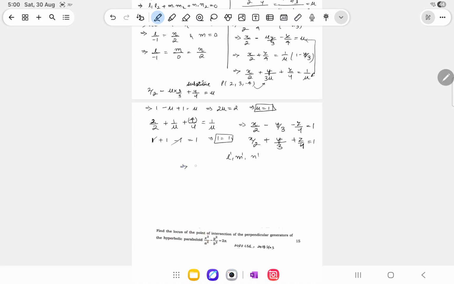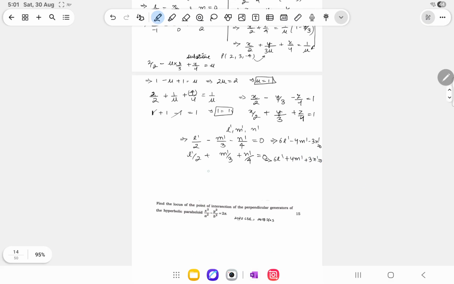Then using the perpendicularity result I'll get l dash by 2 minus m dash by 3 minus n dash by 4 equals 0, and l dash by 2 plus m dash by 3 plus n dash by 4 equals 0. So this is equal to 6l dash minus 4m dash minus 3n dash equals 0, and this one is 6l dash plus 4m dash plus 3n dash equals 0.